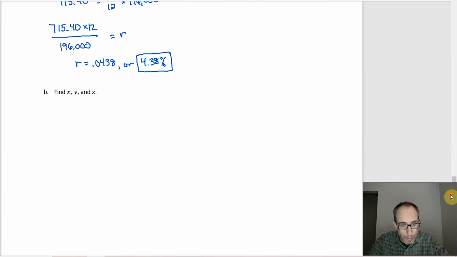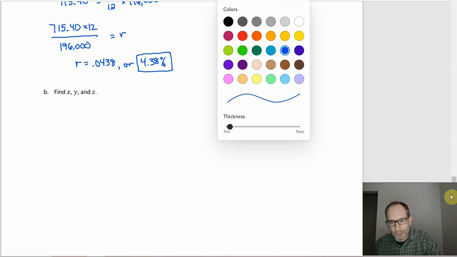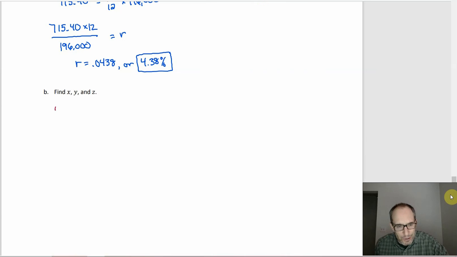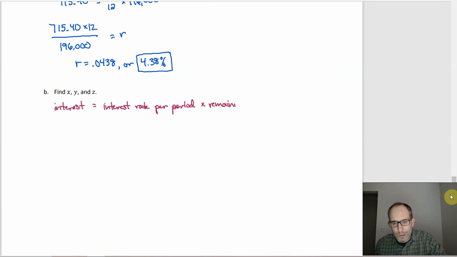X. All right, so for X, and I'll write this in a different color, the interest, so this is the X part, it'll be the interest rate per period times the remaining balance.